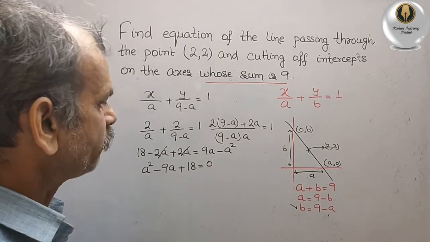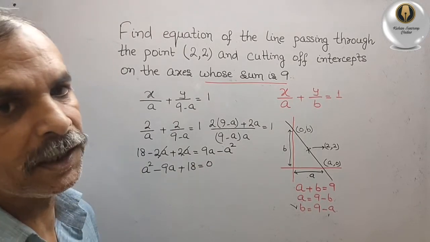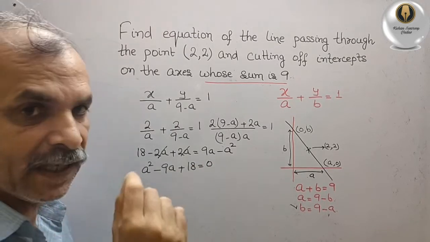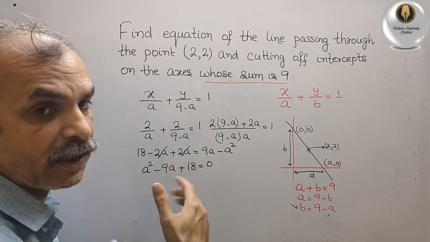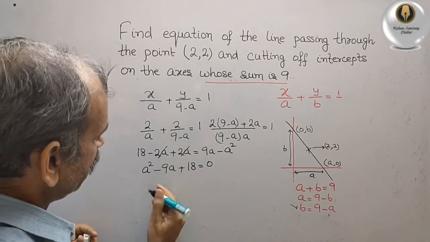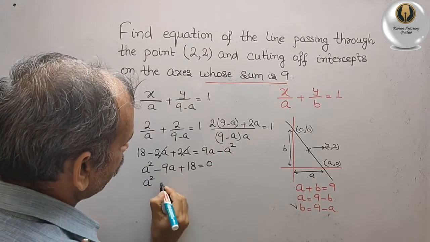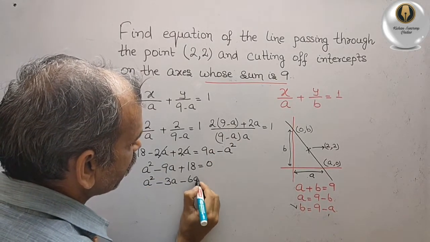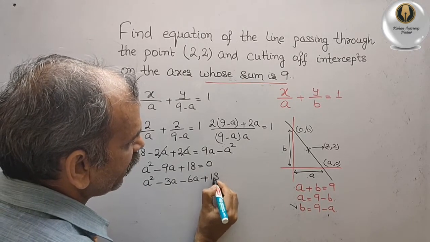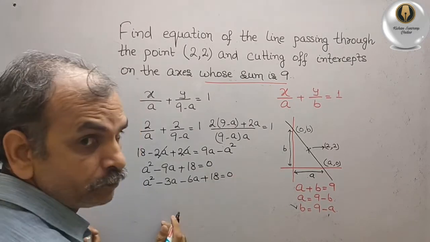Now solve this by middle term splitting. You will get 3 and 6, since AC is 18. So now you will get A squared minus 3A minus 6A plus 18, that gives you 0.